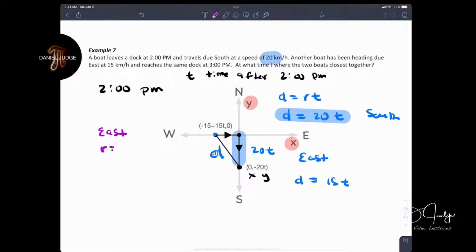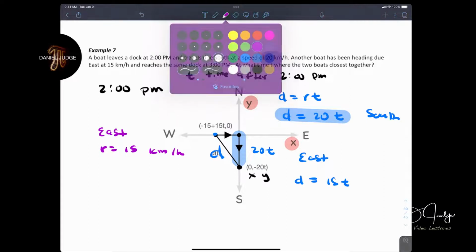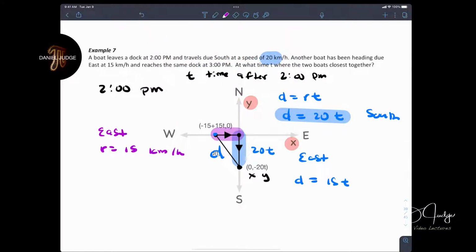And it reaches the dock at 3 p.m. So it reaches this dock here, the starting point, an hour later, really. So you say, okay, how long did it travel in 1 hour? Well, it traveled 15 kilometers.